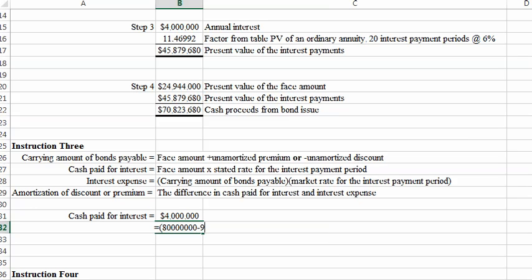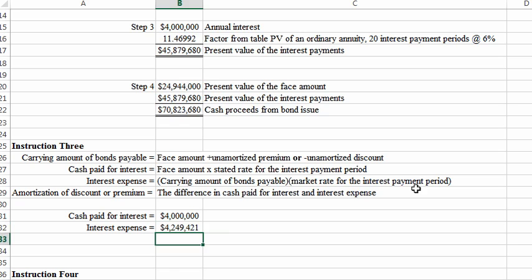So minus $9,176,320. And that's going to give us this cash proceeds number. It is the carrying amount in the beginning. Okay, and then we're going to multiply that times the market rate for 6 months. Well, the market rate for a year is 12%, so for 6 months would be 0.06.